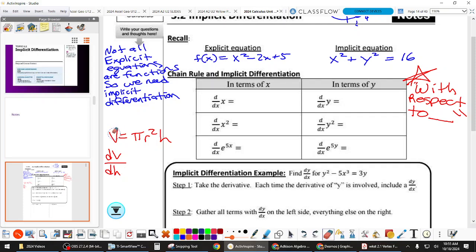And when we do related rates, we're going to talk about making sure we write it out in implicit differentiation correctly. If we look at all these, you notice all of them have a dx. So we're differentiating with respect to x in all of them. Let's make that note.